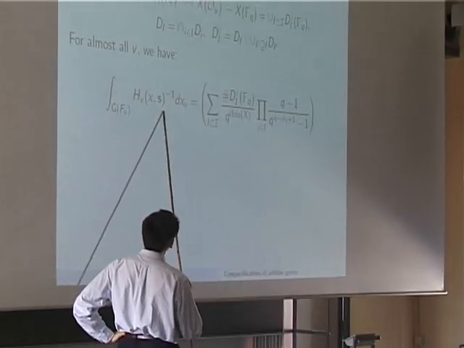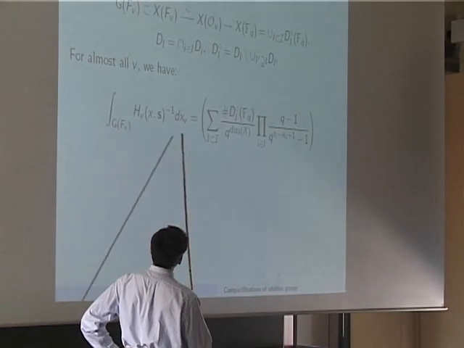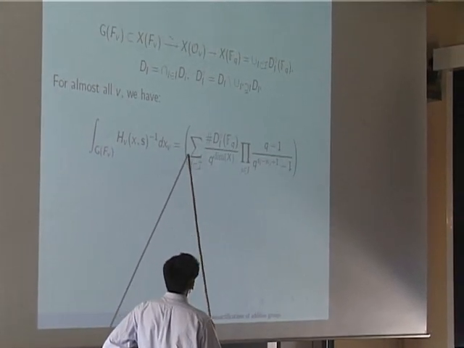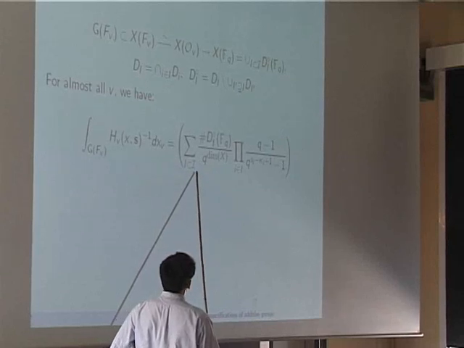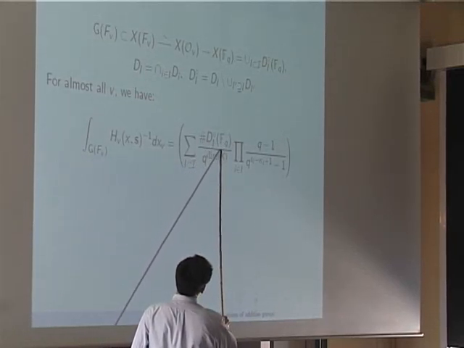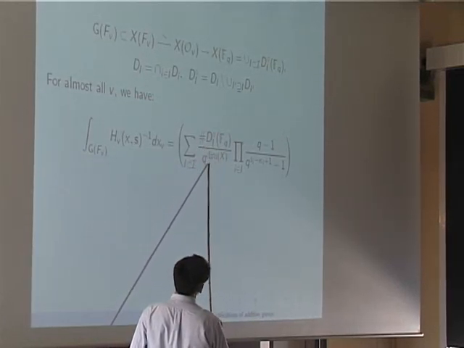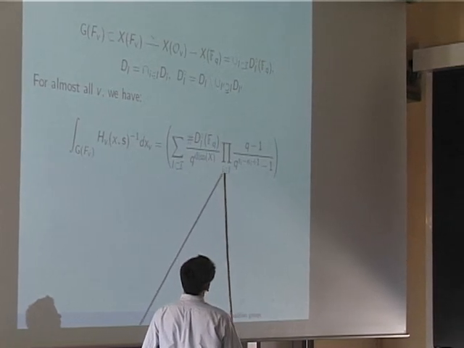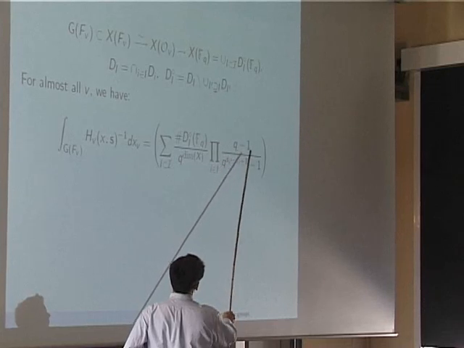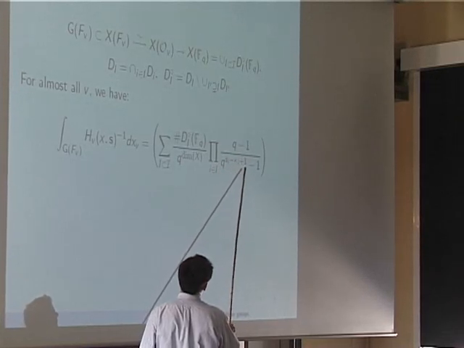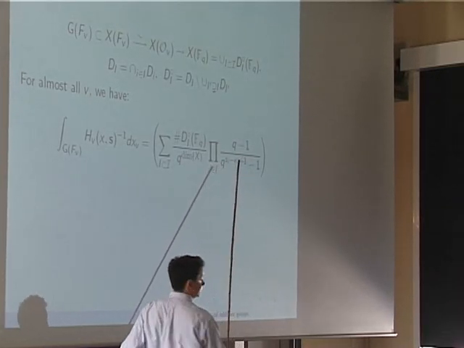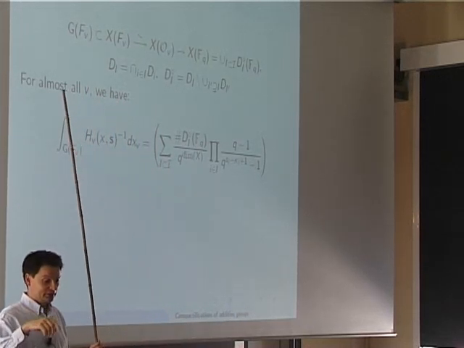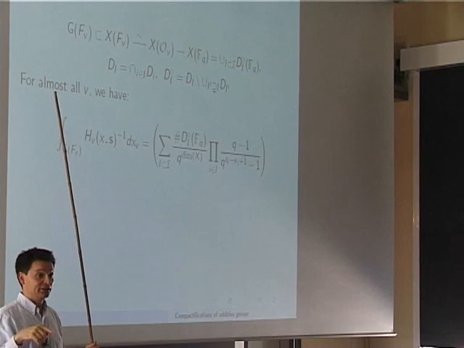You take the height, integrate it over here, and then what you get is a sum over all strata of the boundary of the number of F_q points in each stratum over q to the dimension, and then you have this product over i of (q minus 1) over (q^(s_i minus kappa_i)), where kappa, just as a reminder, is a coefficient at the divisor D_i of the anticanonical class.